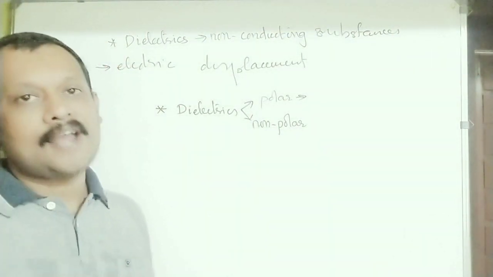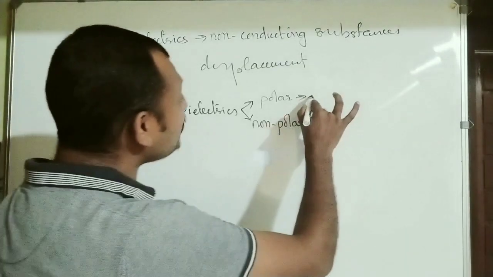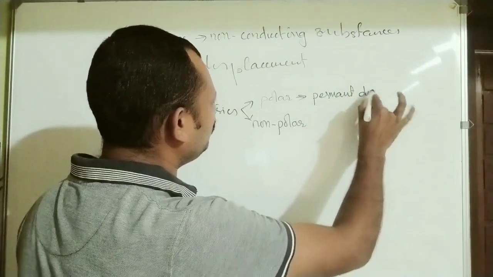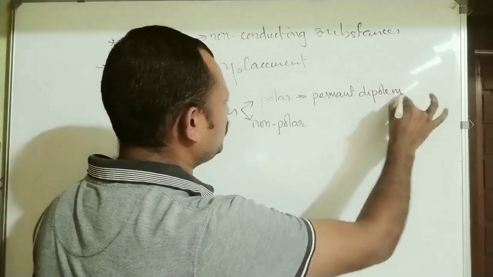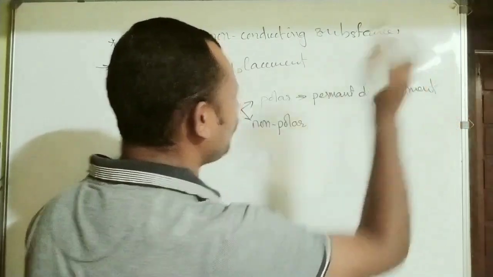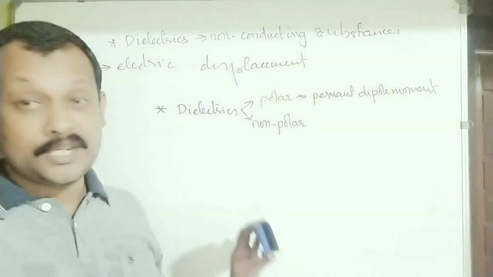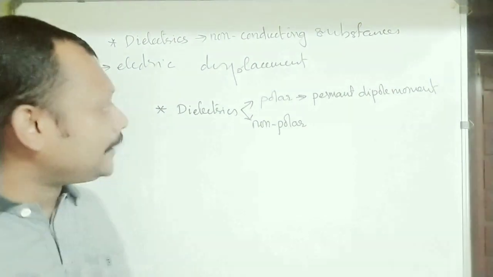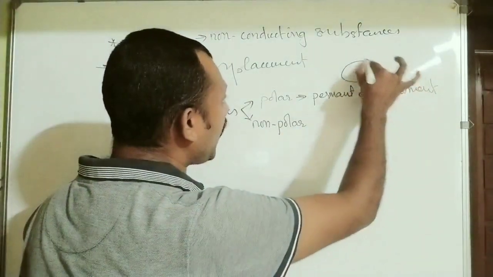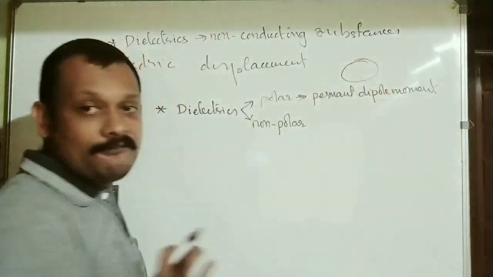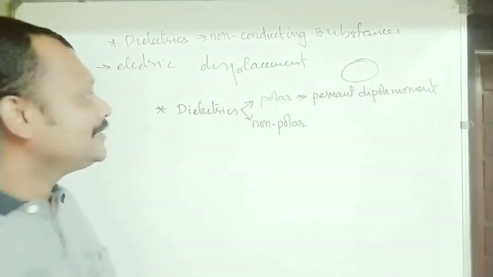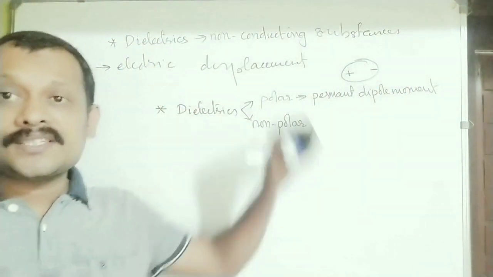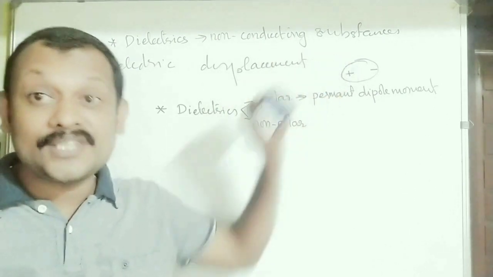Polar dielectrics are dielectrics whose molecules have a permanent dipole moment. That means in case of a polar molecule, the centers of the positive and negative charges are separated by a small distance.